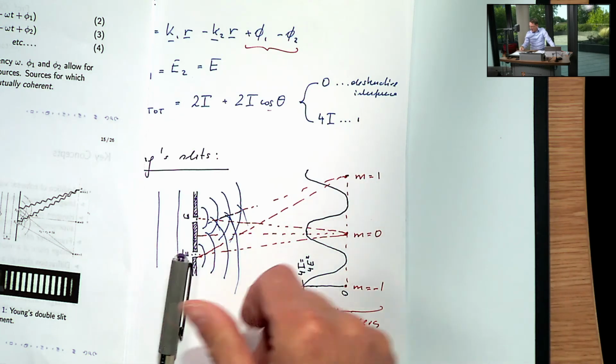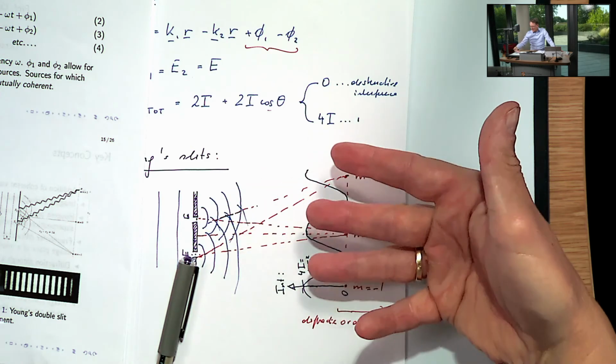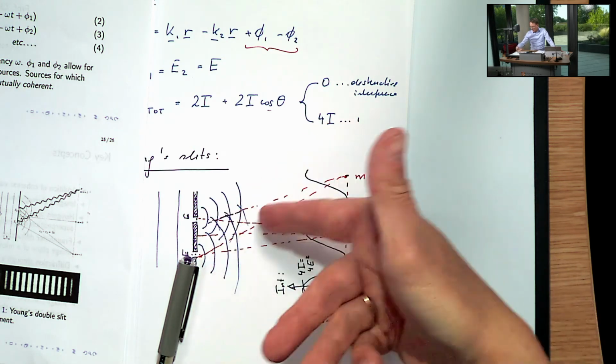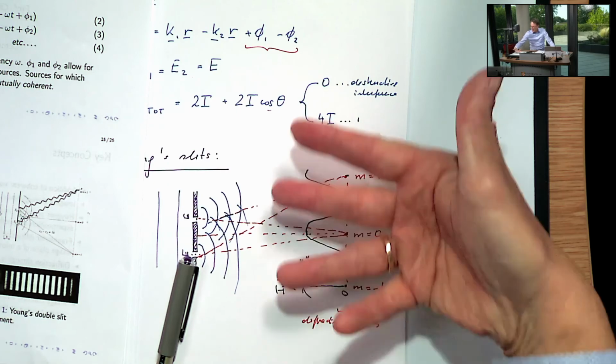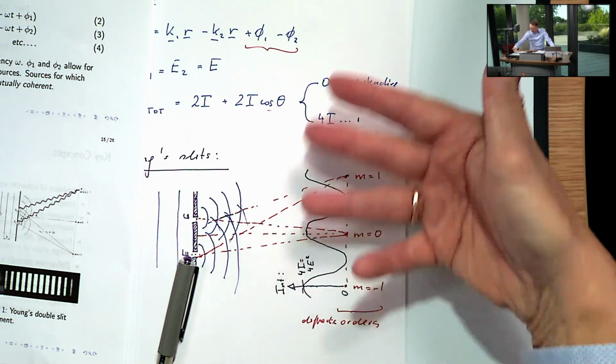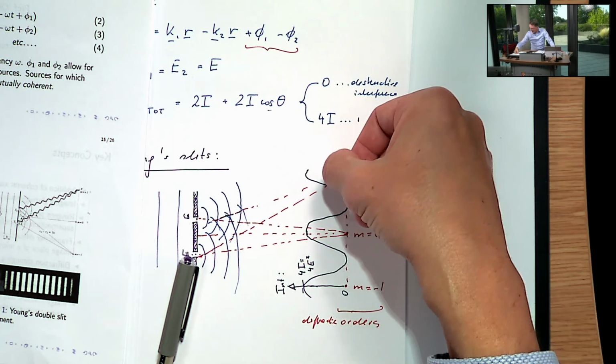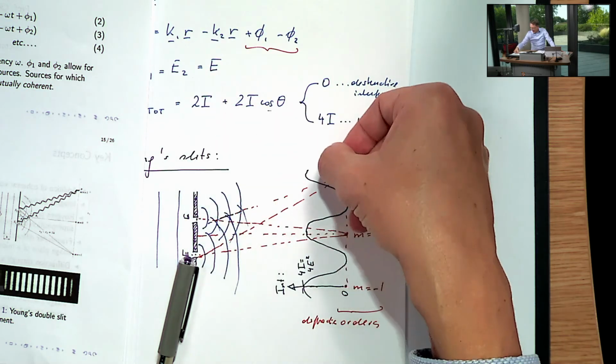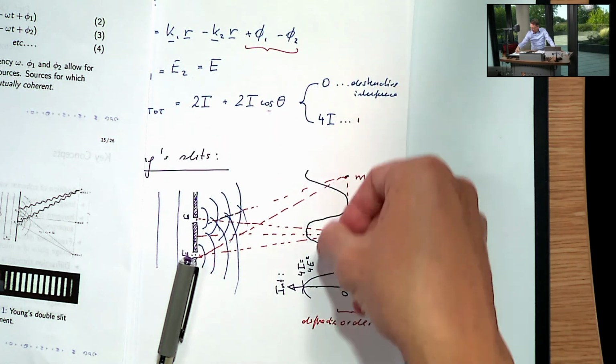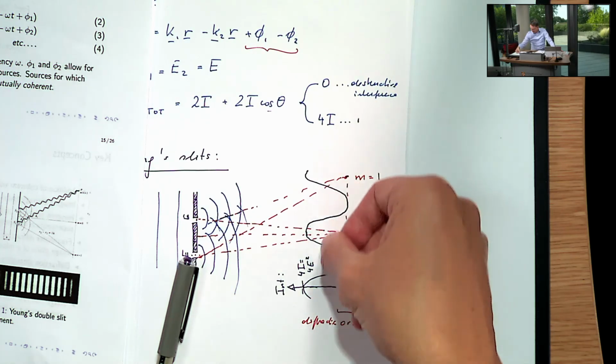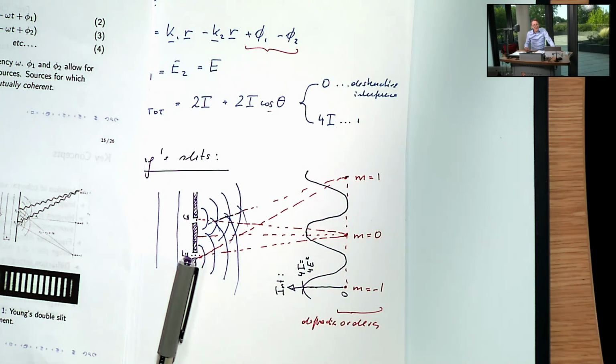Because you can also think about this instantaneously, you may get a pattern, but if these two phases are different, the pattern is changing very rapidly and it will average out, so that what you get is actually just 2I averaged over the entire screen on the other side.